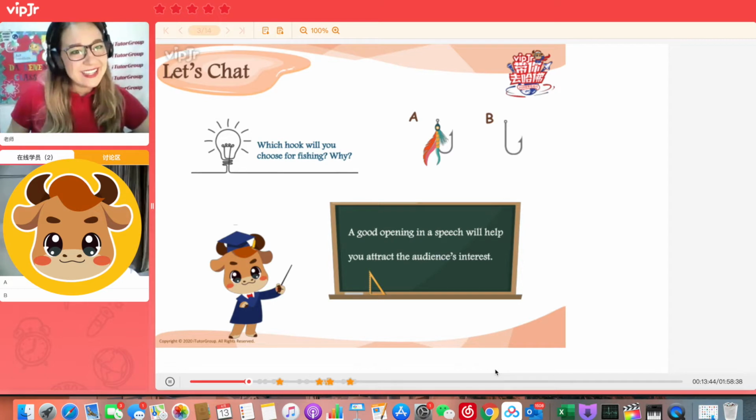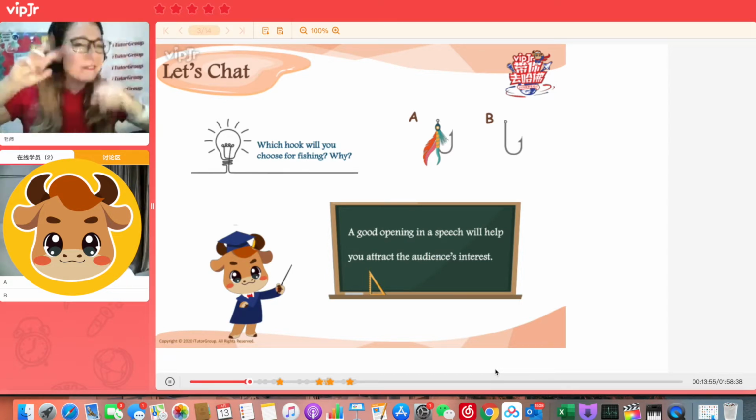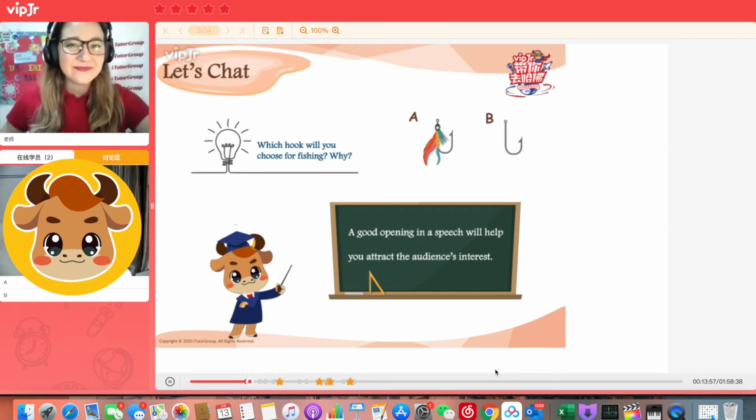Because B is easy to catch fish. Okay. Now, which one do you think looks more attractive and shiny? I think number A is very beautiful. Option A is very beautiful, right?